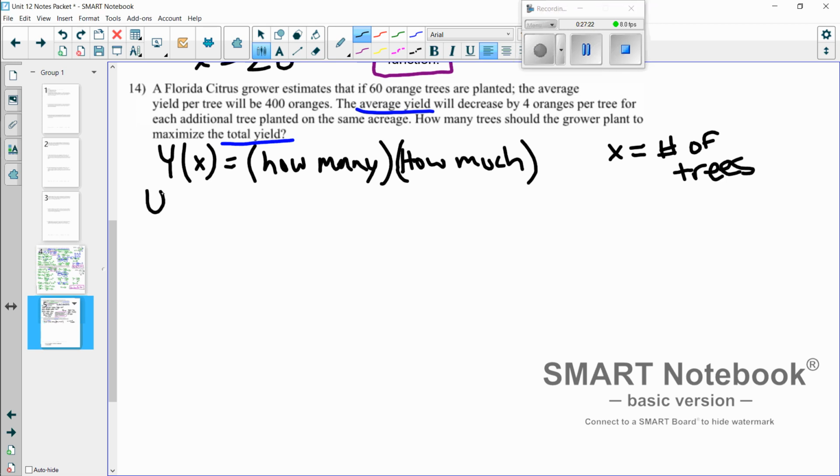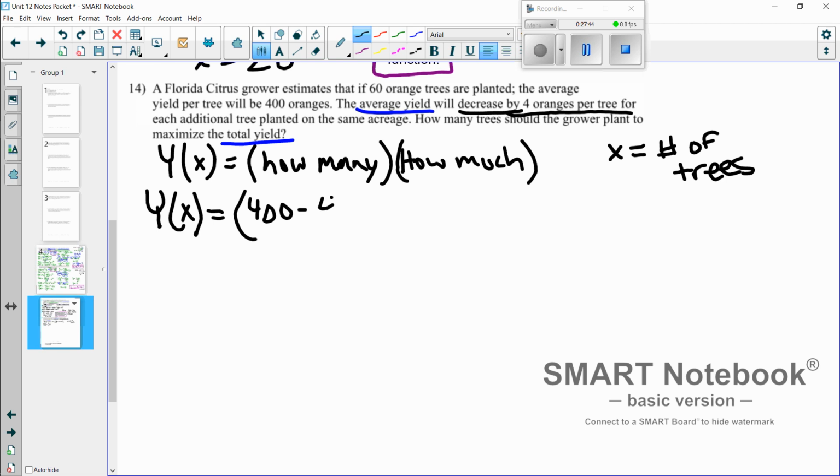So Y of X is going to equal, well, how many? So how many oranges? Okay, it says the average yield per tree is 400. So 400, but then per tree that is added, there's a decrease of 4 oranges.